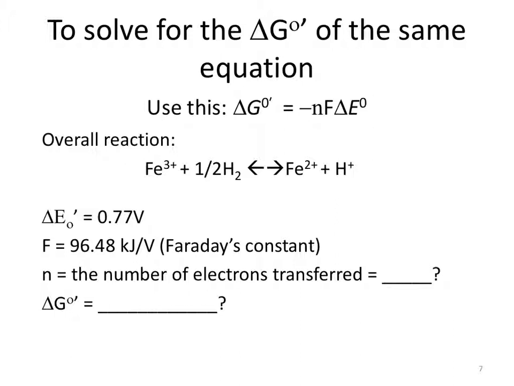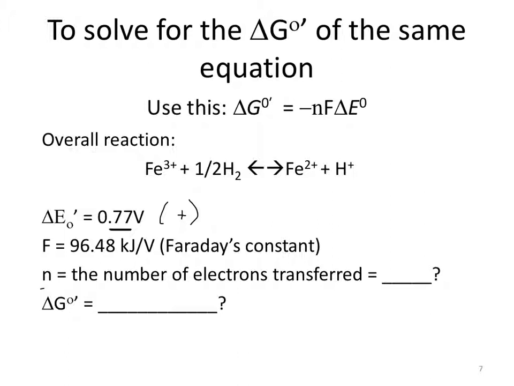This is the example wherein we just calculated delta E. You can go back to the previous slide to see that calculation again if you need to. Here's the answer: delta E was 0.77 volts. Note that it's positive. F, capital F in this equation, stands for Faraday's constant. You can look that up in any number of places. It's 96.48 kilojoules per volt.